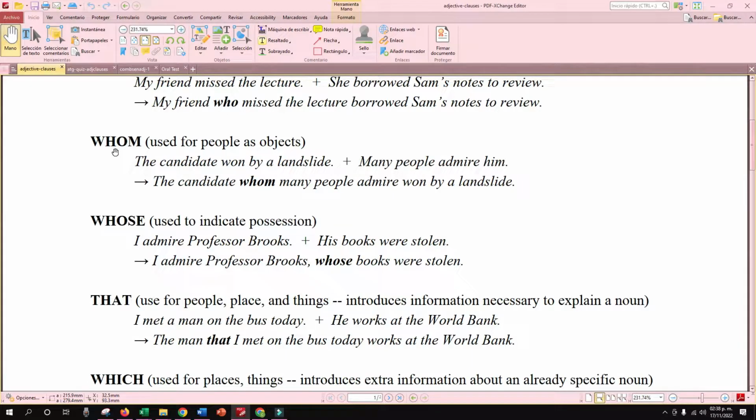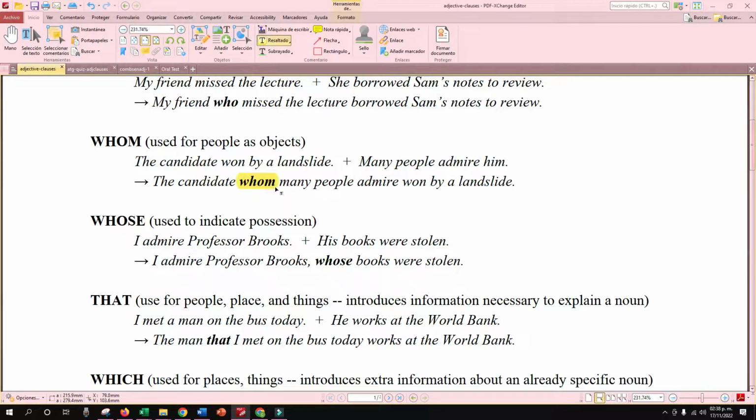Also whom, used for people as objects. The candidate won by a landslide. There you have another one: many people admire him. So, you need to combine those sentences, right? So you have, the candidate whom many people admire won by a landslide.